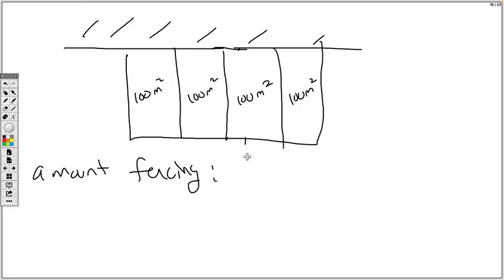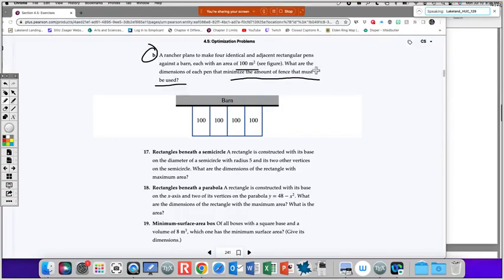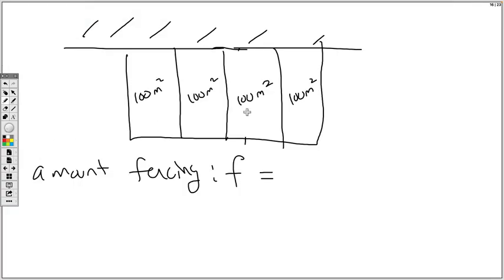So what do you want to call the amount of fencing? Call that F. And how would I calculate how much fencing? They're looking for the what? The dimensions of each pen. So once again, what we have control over are the what and the what? So what do you want to call this side? Width or length?